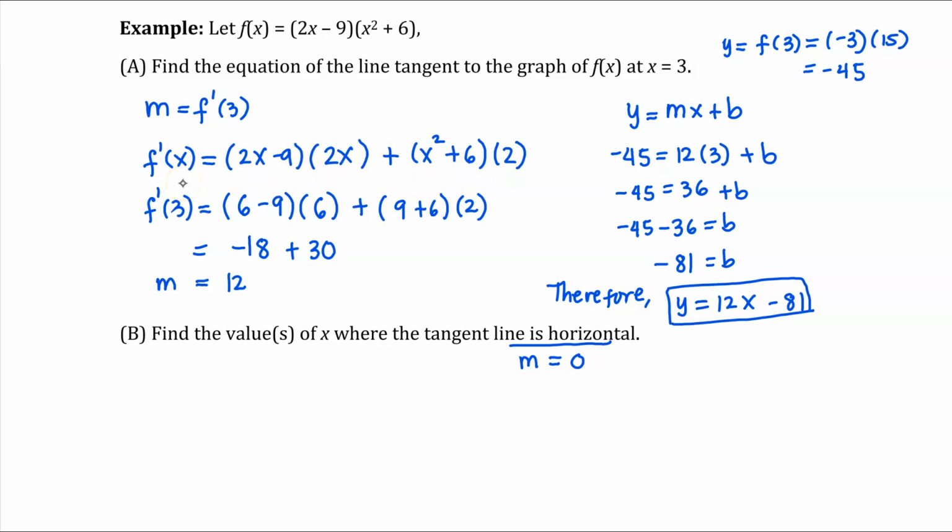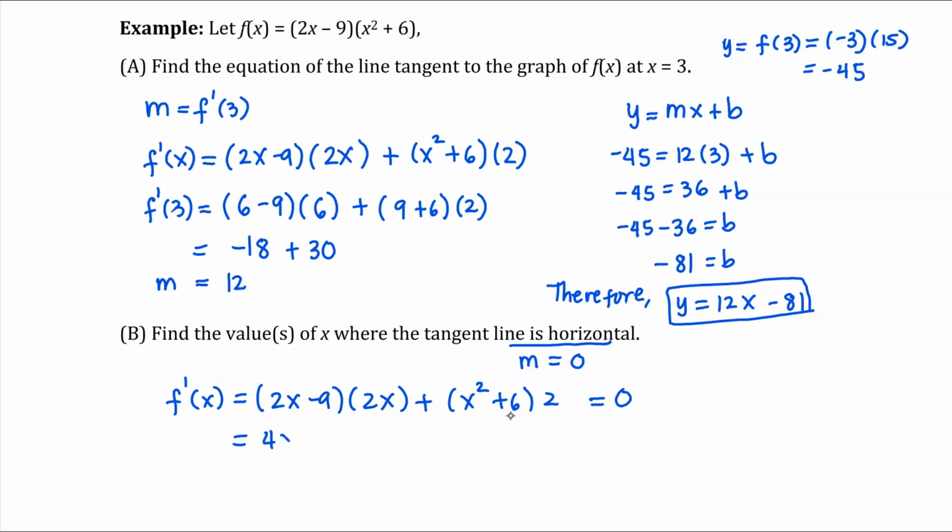So that is when this derivative f prime of x equal to 2x minus 9 times 2x plus x squared plus 6 times 2 is equal to 0. To solve for x here, we will need to simplify the given expression. So let's go ahead and simplify this.